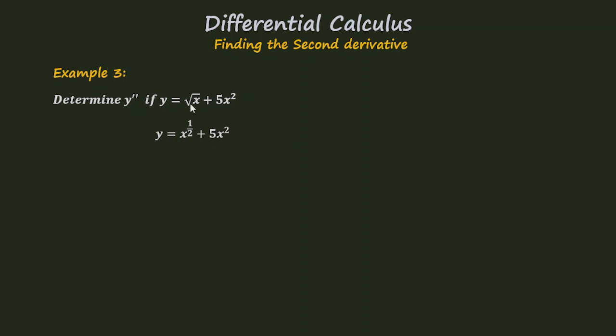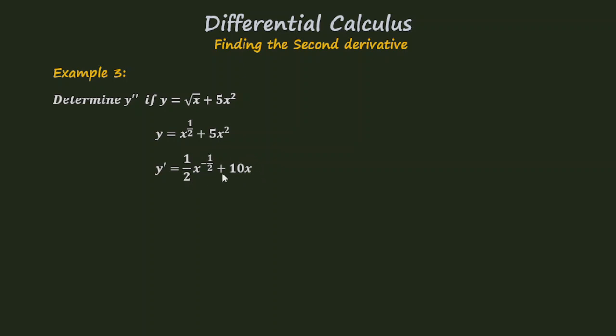Let's simplify that. We know that the square root of x is the same as x to the exponent half. Then when we have this standard form, we can apply the general rule for differentiation once. We get y prime, and we have 1 half x to the exponent minus 1 half plus 10x.